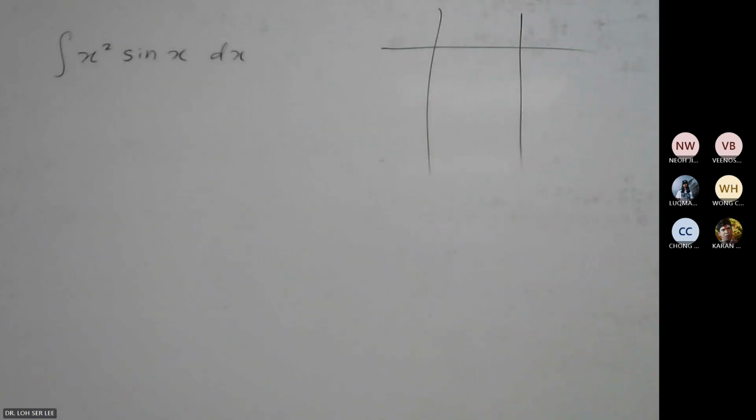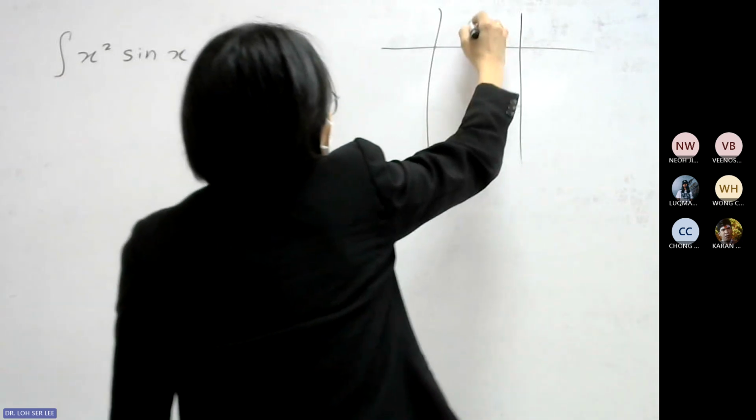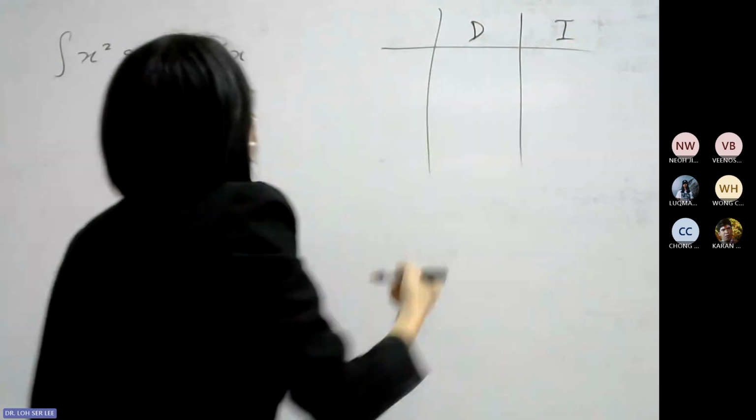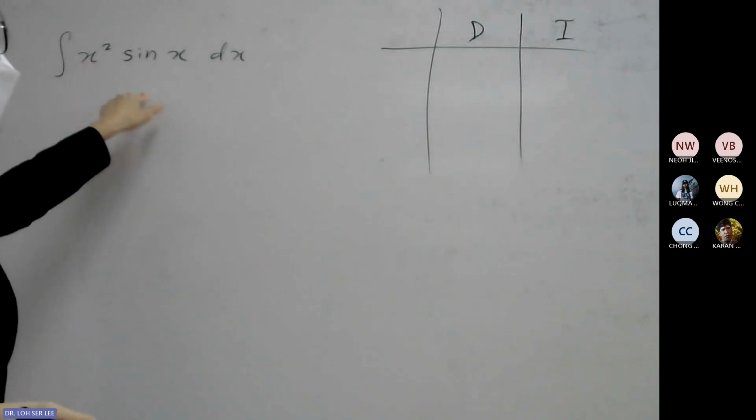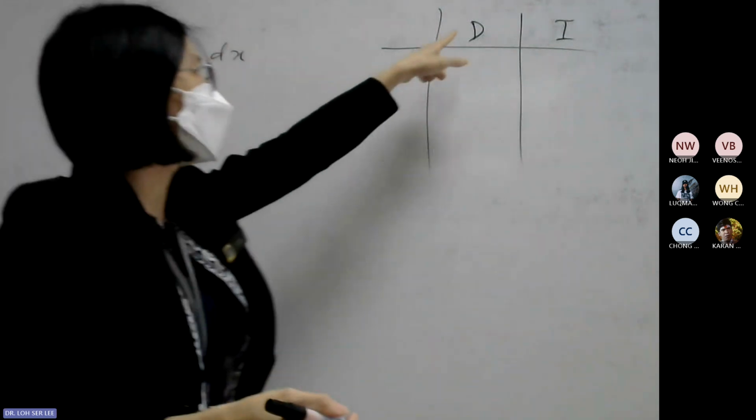And let's see what is the difference. Differentiate, integrate. So polynomial with sine or polynomial with cos, we will always choose the polynomial under differentiation.